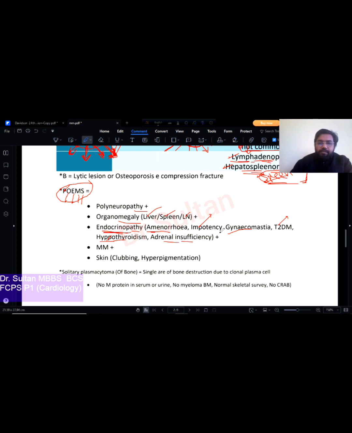So evidence of endocrinopathy can be present, plus the multiple myeloma, plus the skin involvement. Like you can see the clubbing, you can see the hyperpigmentation. So if all these are present, polyneuropathy, organ involvement, endocrinopathy, multiple myeloma, and skin involvement, then this can be POEMS. Okay. So here is also organomegaly, like liver, spleen, lymph node involvement.